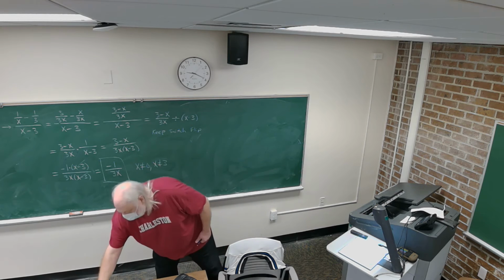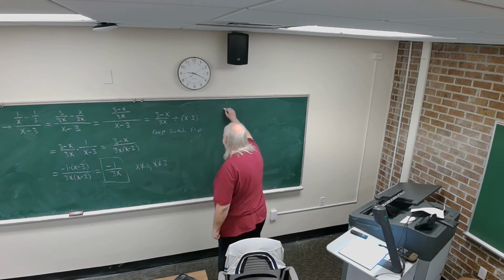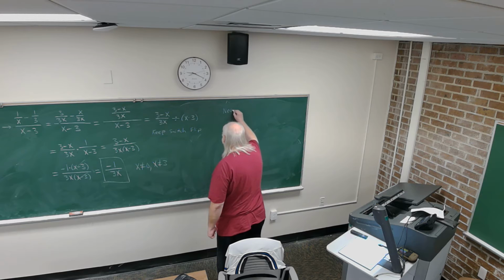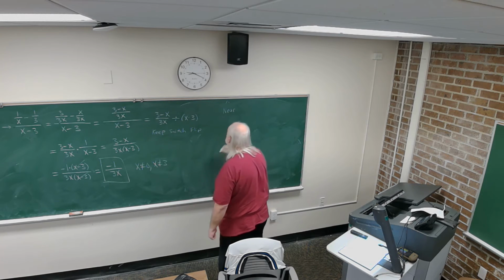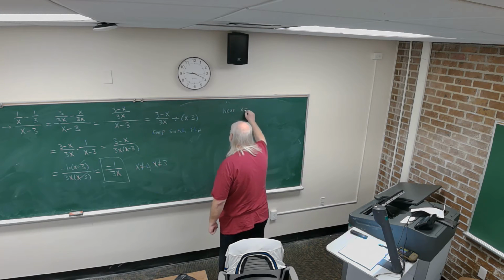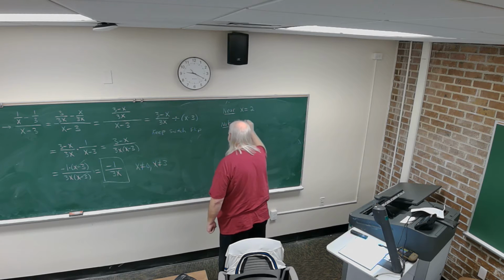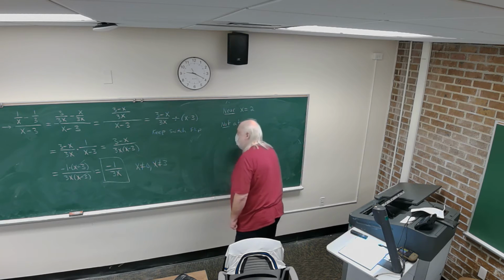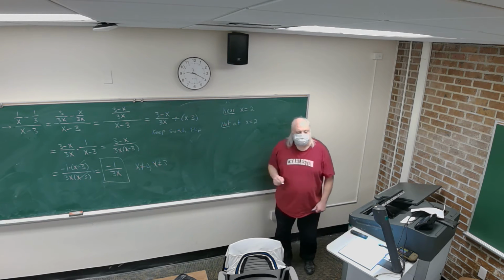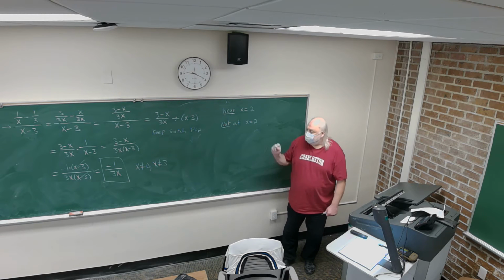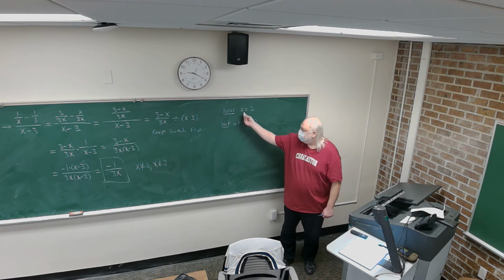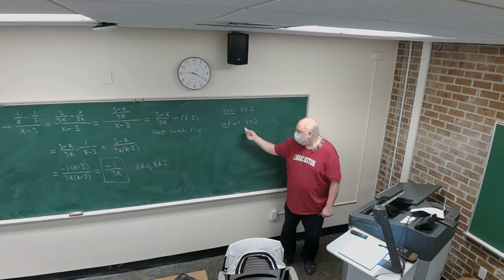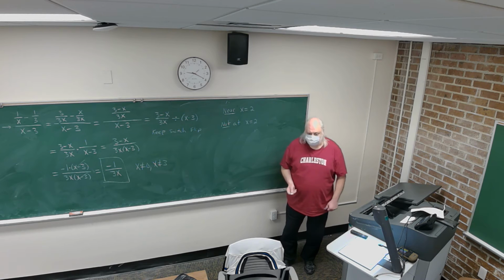We're interested in the value of the function, in this case, near x equals 2, not at x equals 2. That's what limits help us to do: investigate the value of the function for values of x near a particular number, not at that particular number.